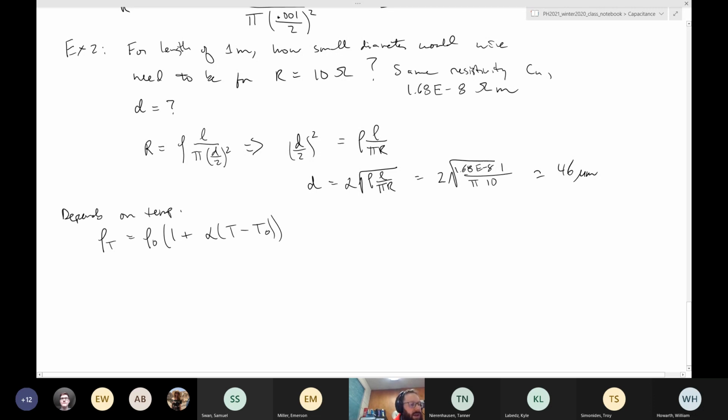As a really simple example, generally what this means is you have to know the material property. So in addition to the resistivity, you need to know this alpha, how the resistivity depends on temperature.